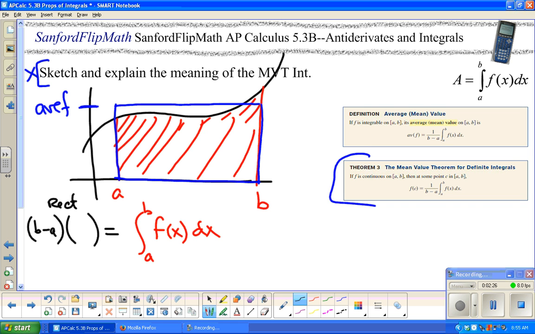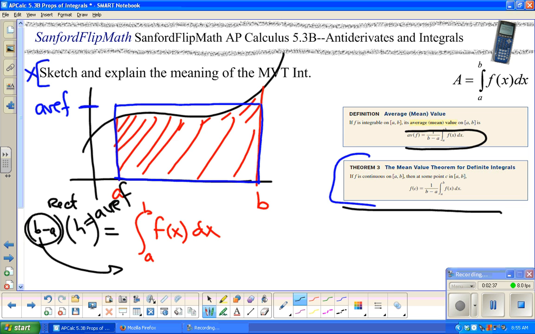Well, that height is the average height. And if I divide both sides by b minus a, that becomes this. That's what it becomes.